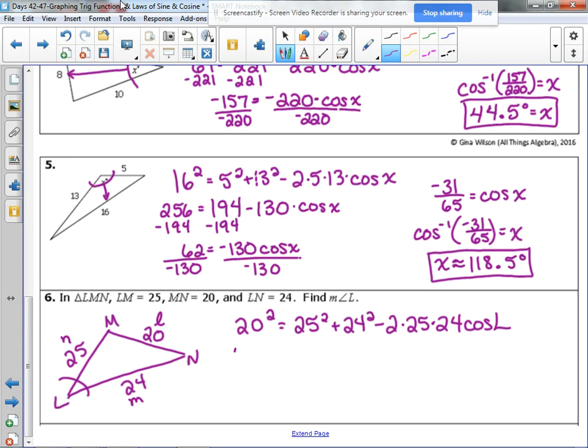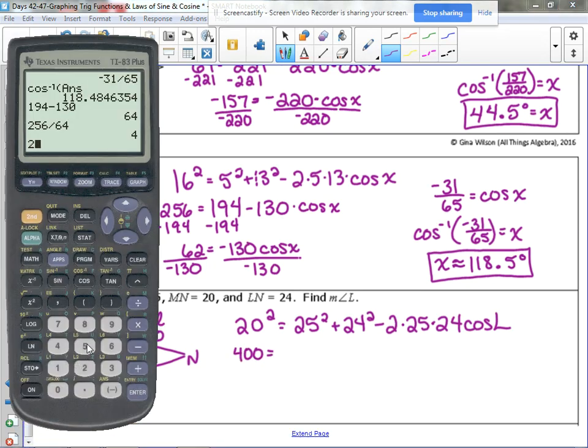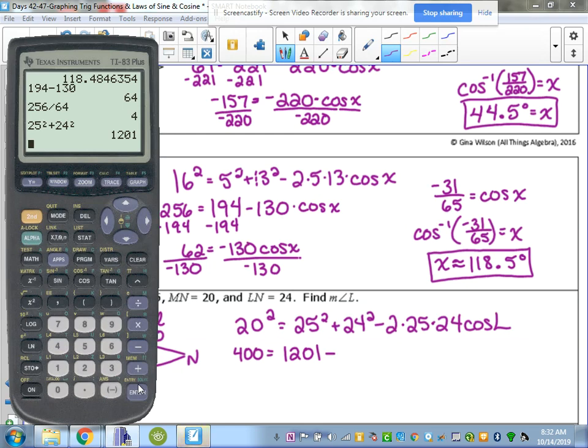Okay, let's see here. We've got 400 is equal to 25 squared plus 24 squared, 1201, minus 2 times 25 times 24, 1200, cosine of L. We need to subtract the 1201 and divide by the negative 1200.